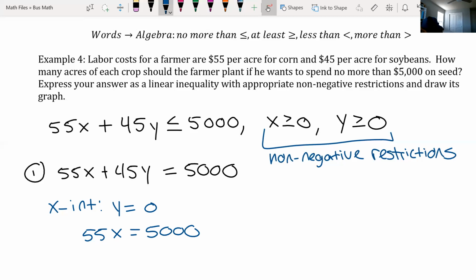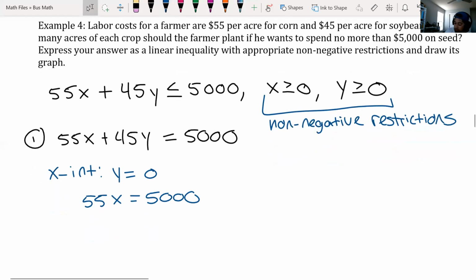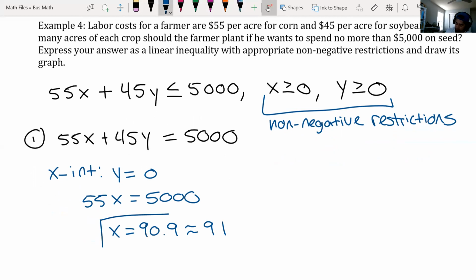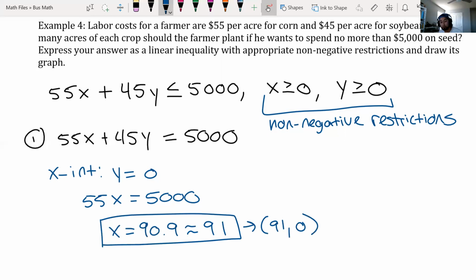So we're going to say 91. We're just going to round it. So X is 90.9, but I'm just going to make this 91. So this becomes 91 and 0.